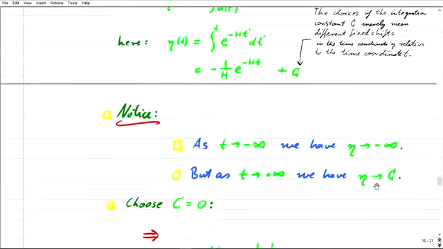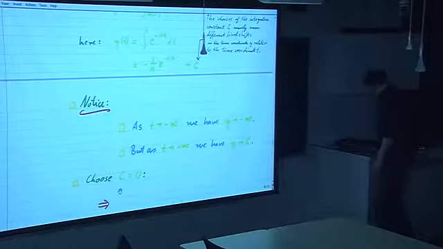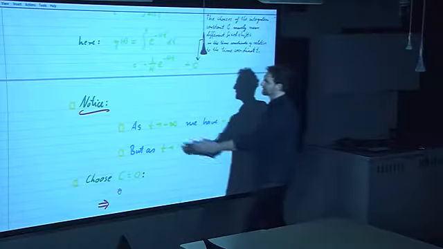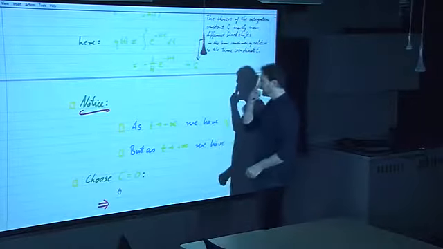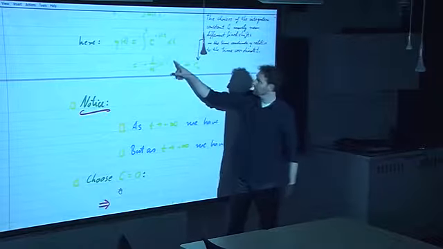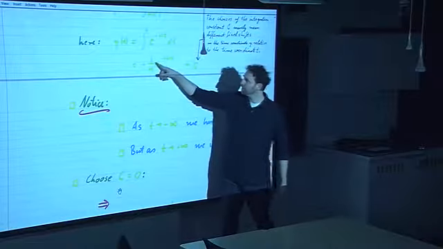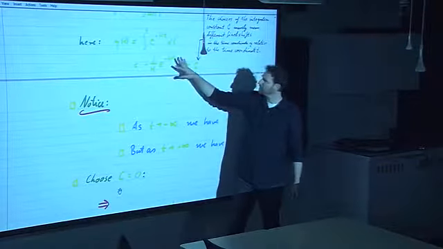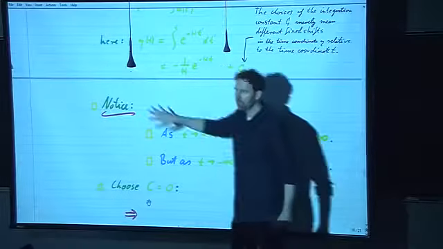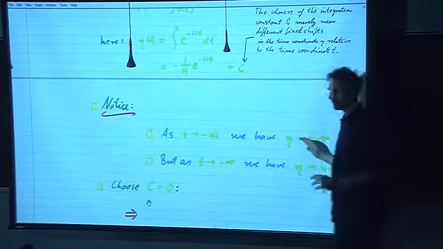Notice something weird about the conformal time's range. As t goes to minus infinity, this is a positive number that keeps growing. And therefore, this is a negative number that keeps growing. And so this goes to minus infinity. So this is all as one would intuitively expect.